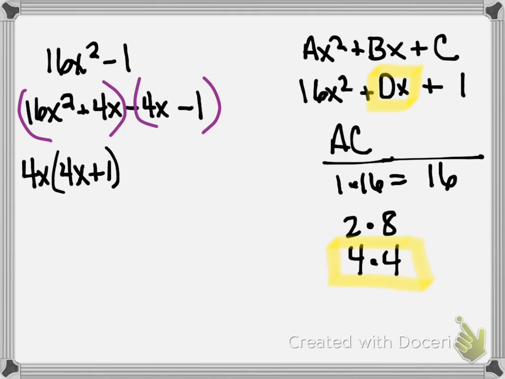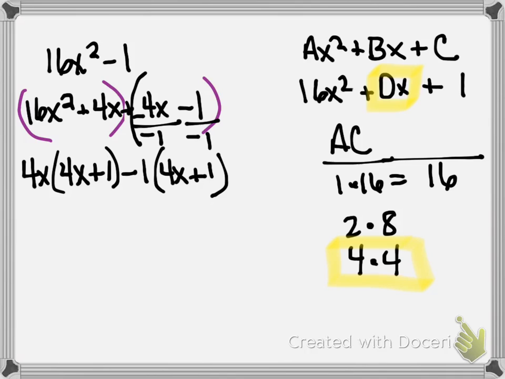So this minus sign between them is a little misleading. It really needs to have the minus sign inside that parenthesis for you. Now what are we going to take out? A negative 1. So when you divide negative 4x by negative 1, that leaves you 4x. And when you divide the negative 1 by negative 1, that leaves you a positive 1. So when you factor out a negative, you flip that sign.